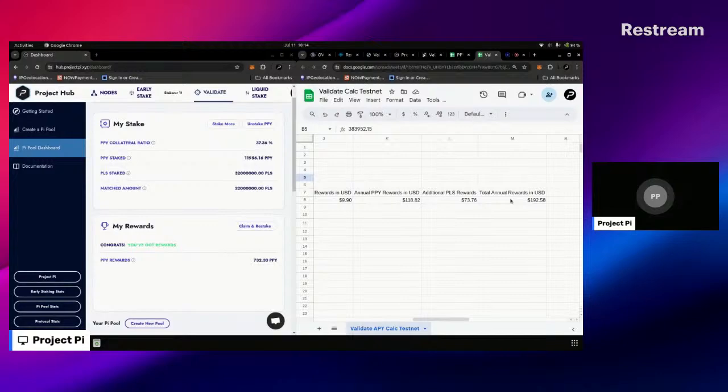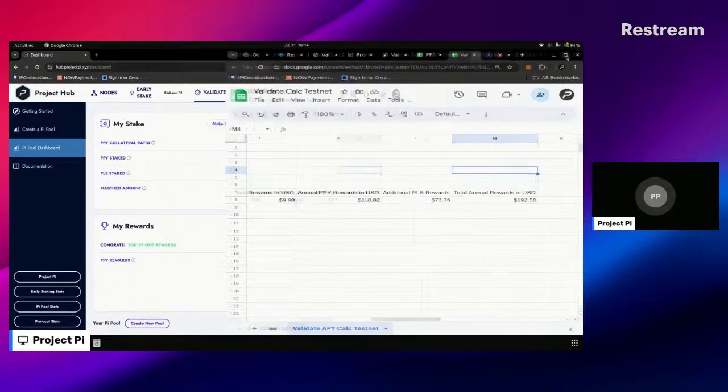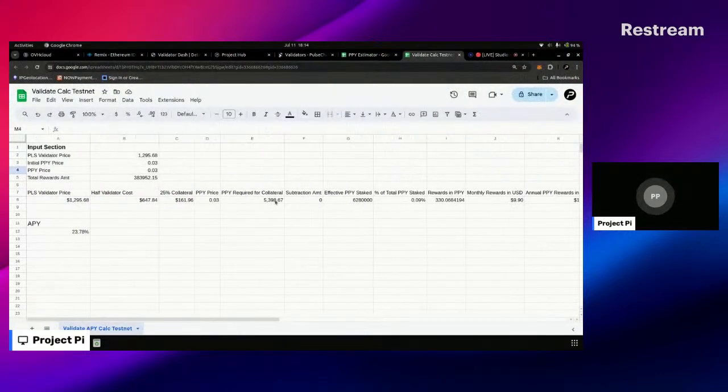But the total annual rewards in USD, when you combine the Pulse rewards and the annual PPY rewards, again assuming that the person is validating for a whole year, would be about $192.58, at least for right now, compared to the price of where it's at now.